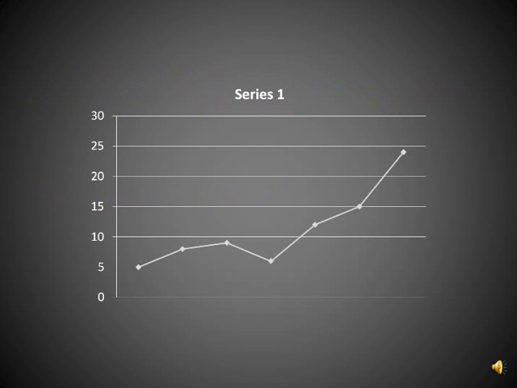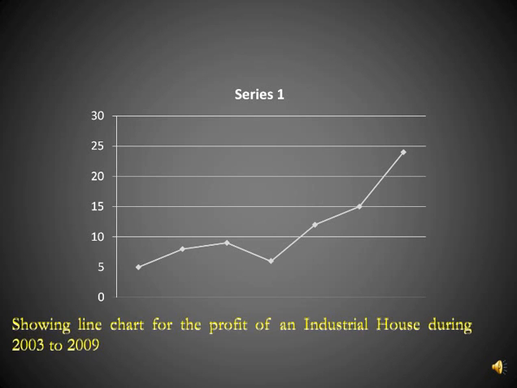As you can see here, on this graph, we have showed the line chart for the profit of an industrial house during the years 2003 to 2009.